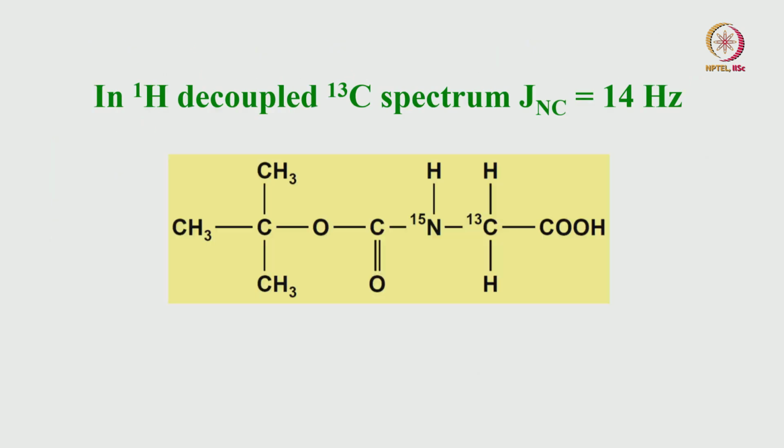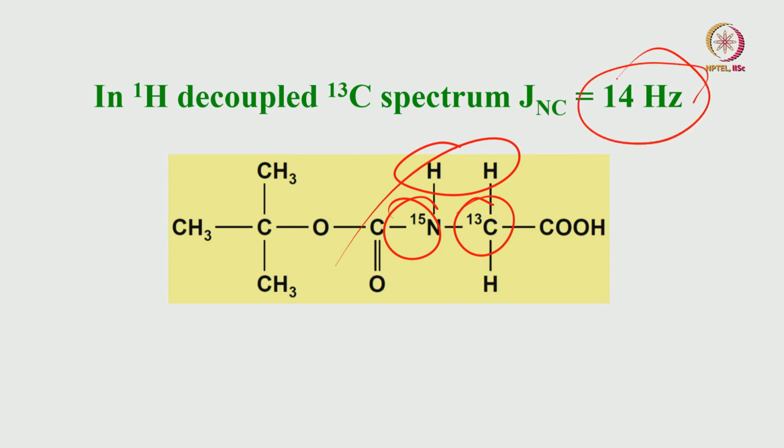We will go to the other example like this. Here heteronuclei, nitrogen 15 and carbon 13, are labeled. I am removing the coupling with proton, consider only coupling of carbon with nitrogen, and the coupling between carbon and nitrogen is 14 hertz. That is all. But what is the resonating frequency?